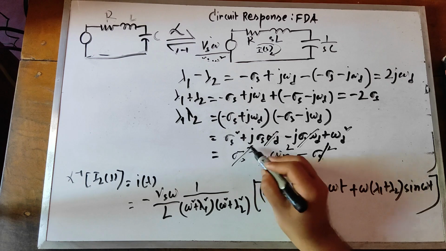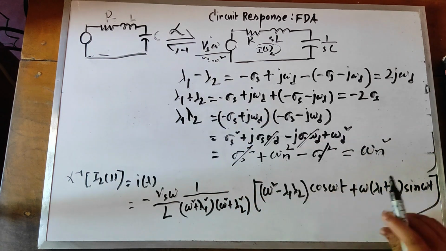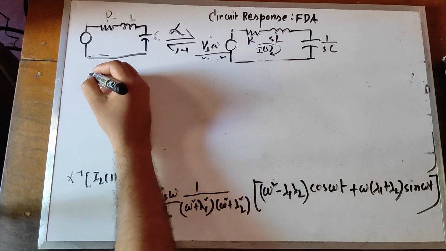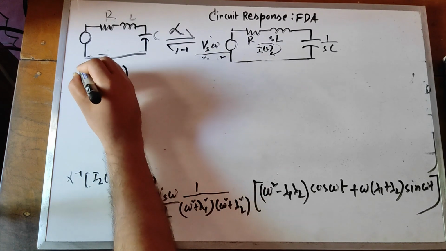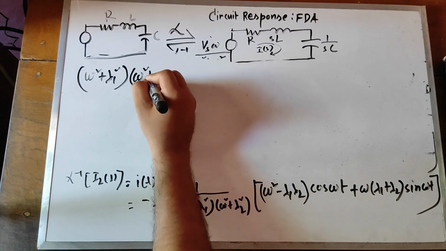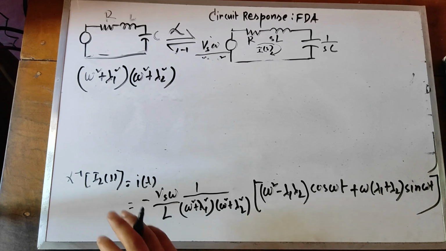So this will also cut out, leaving us behind omega n squared. So lambda 1 lambda 2 is omega n squared, this term. So omega square plus lambda 1 square into... so before all this I have to find the value of this term.